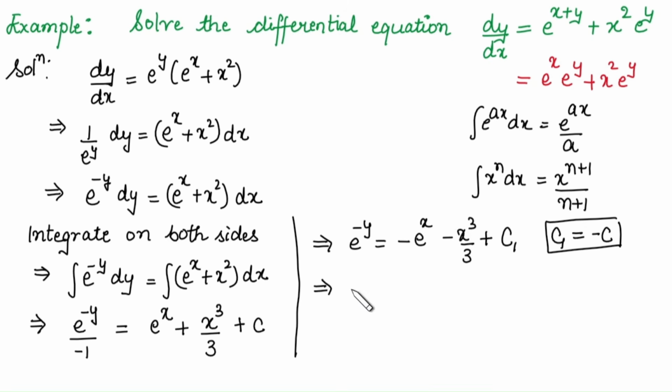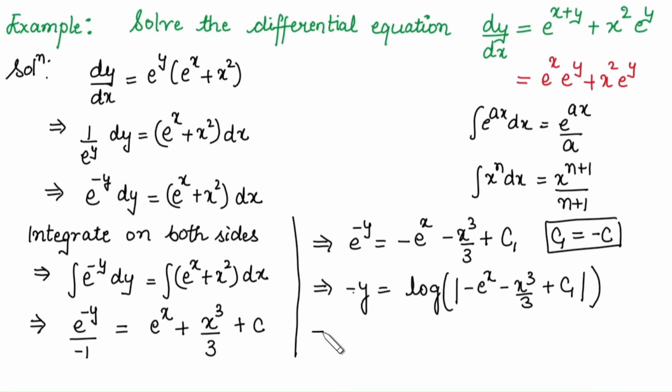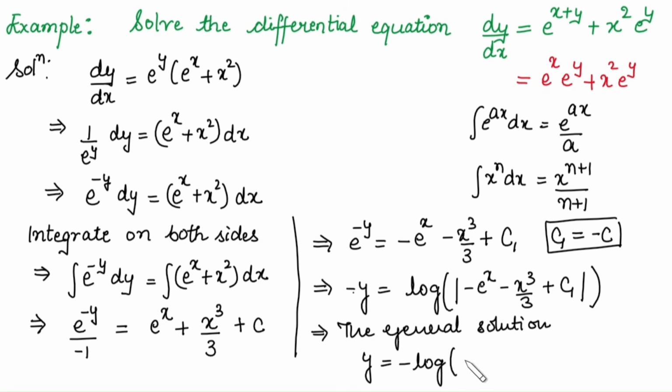On both sides we have minus y is equal to log of mod of minus e raised to power x minus x cubed by 3 plus c1, taking the negative sign on the right side. So the general solution is y is equal to minus log of minus e raised to power x minus x cubed by 3 plus c1. So that is the final answer.